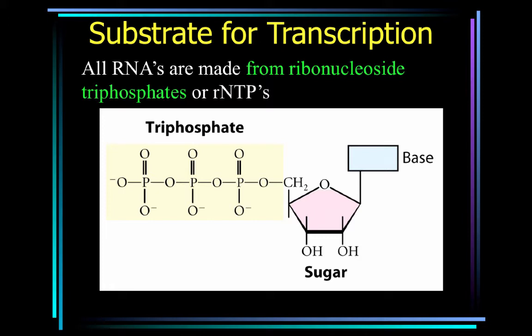But instead of deoxyribonucleoside triphosphate, as in DNA replication, we are going to have ribonucleoside triphosphates for transcription. And that's where we first start to see ribonucleic acid actually being the backbone.